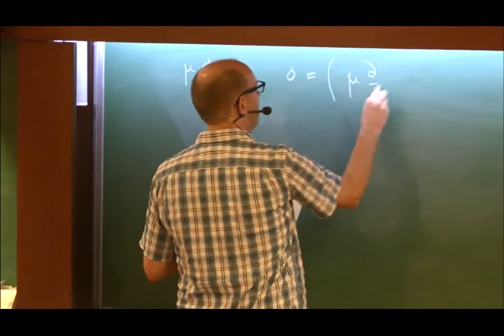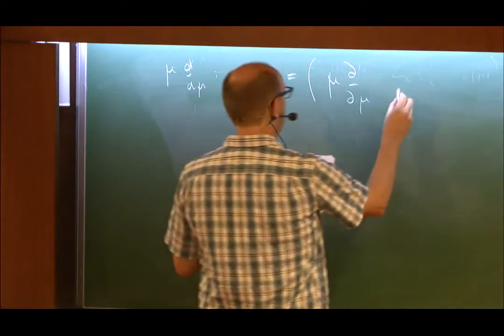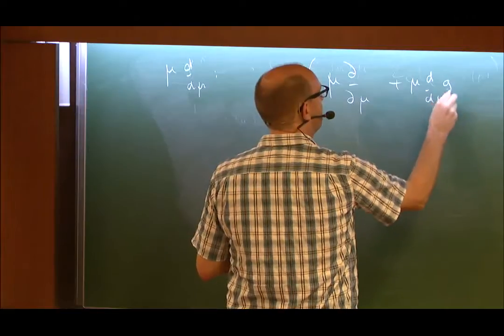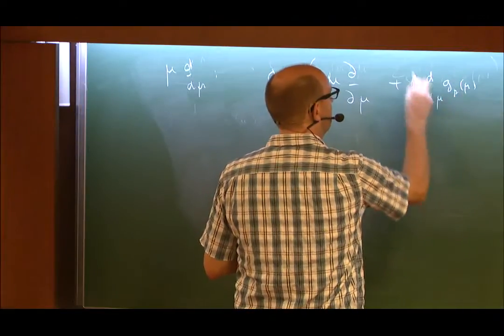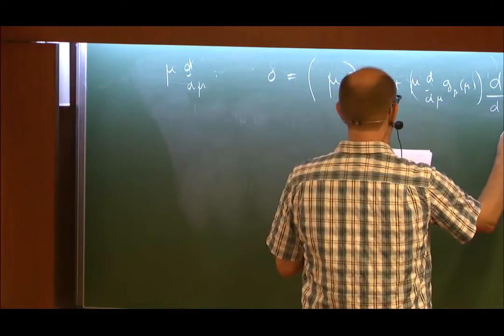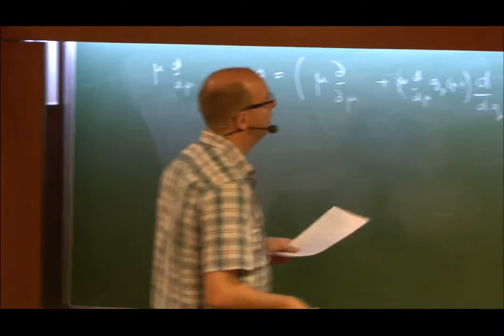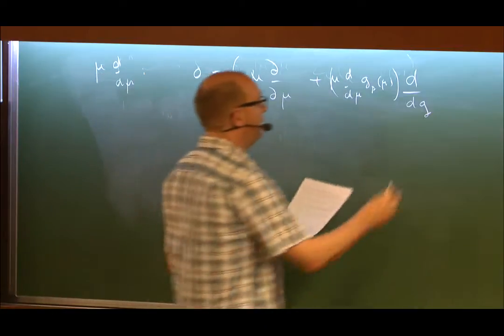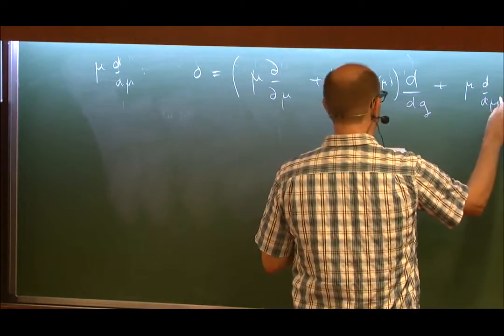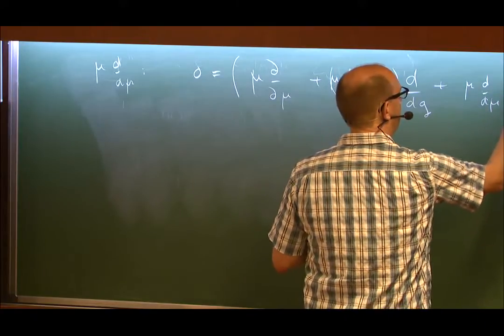So you get the explicit dependence, so we write a partial derivative there. Then we have the implicit dependence in the coupling, and then d/dg on what comes afterwards, and we have mu d/d mu on Z phi to the n over 2.